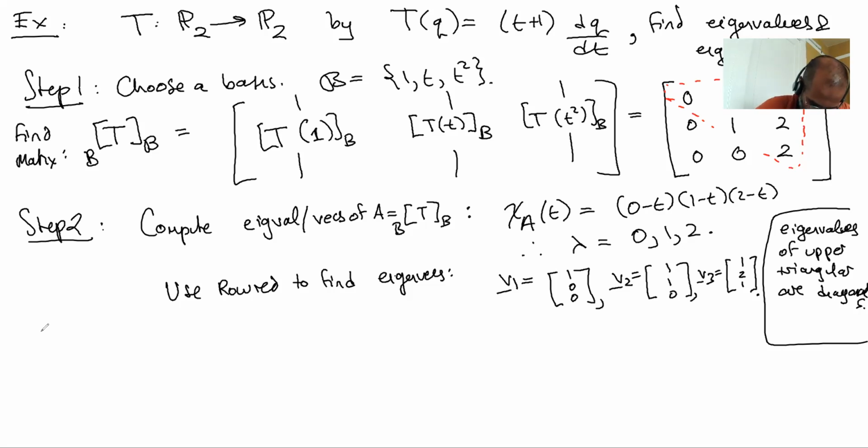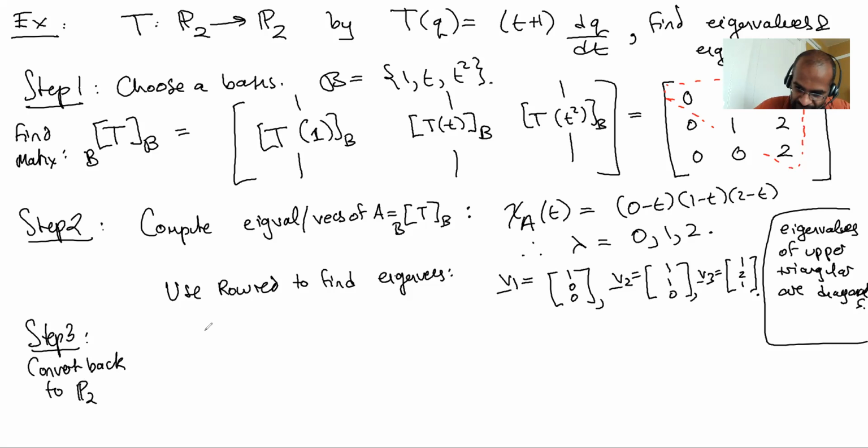And that will now involve a third step, step 3, which is convert back to P2. Because what we computed are not the eigenvectors of T. We computed the coordinate vectors of the eigenvectors of T with respect to the B basis.